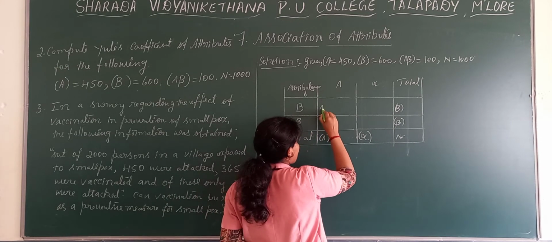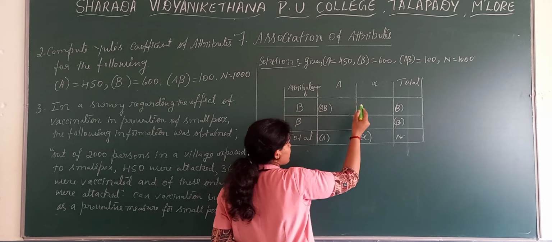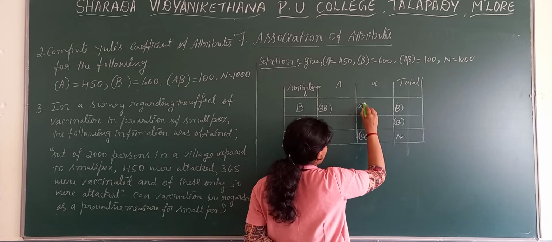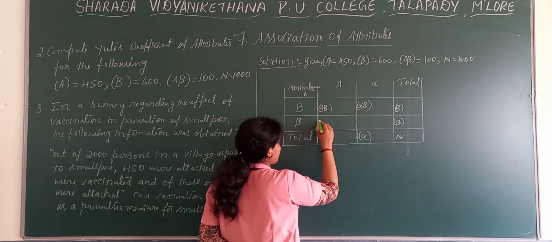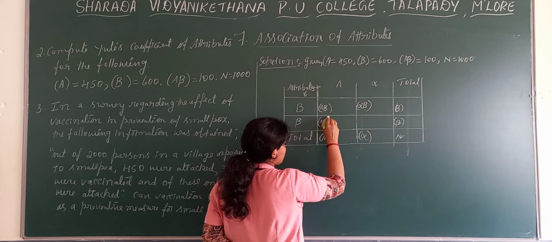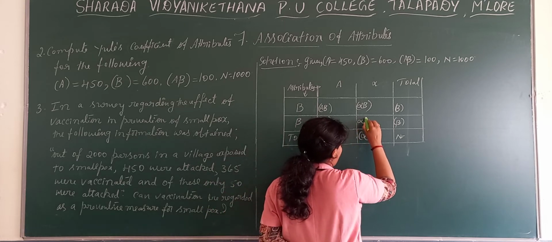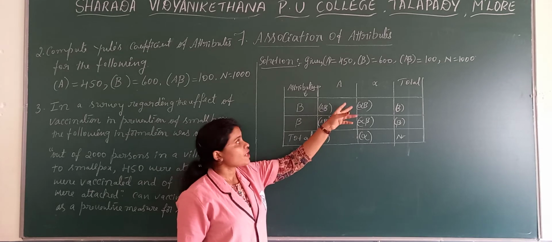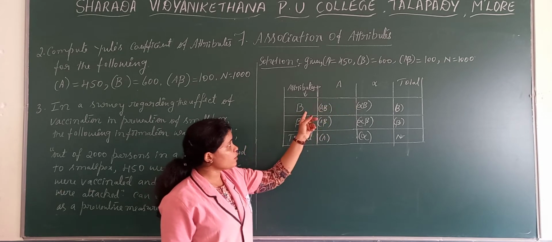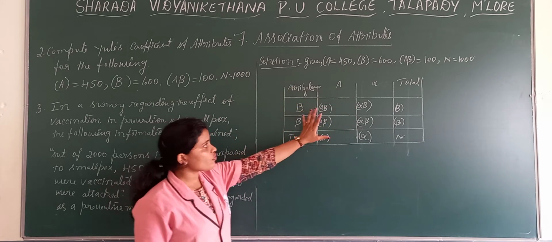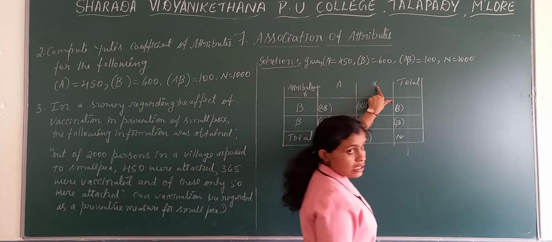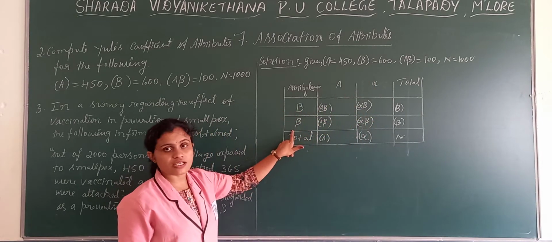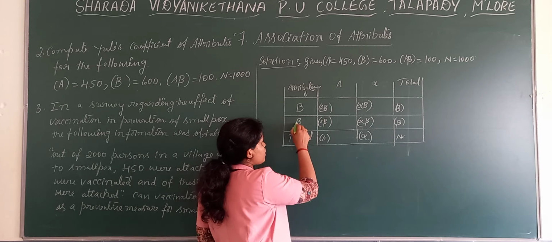Then here AB, alpha B, then A beta, and the last one alpha beta. These are class frequencies, and here capital letters A and B represent the presence of attributes, and Greek letters alpha and beta represent the absence of attributes.